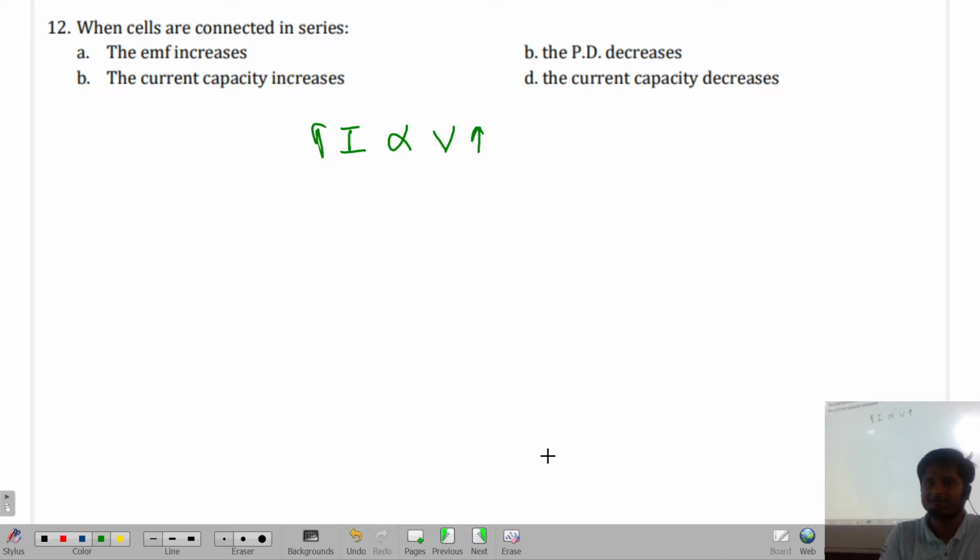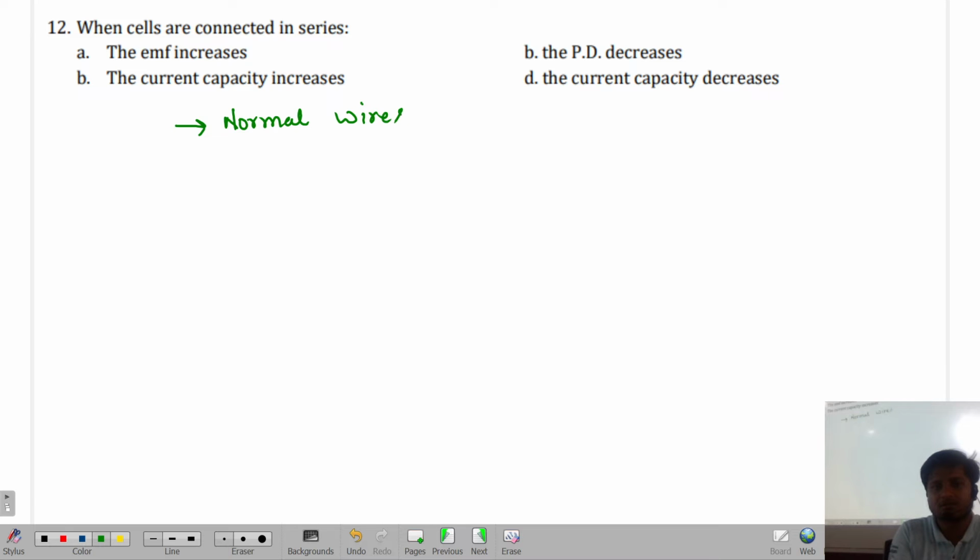But remember that this is only possible if you take one battery. Remember what happens with normal wires. What remains unchanged?